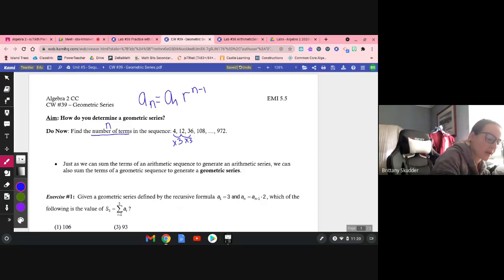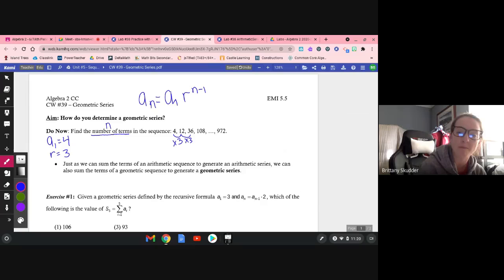Okay. All right, so we know that A_1 is equal to 4. We know that r is equal to 3. And we don't know how many terms, but we know that last term value. So we know A_n is equal to 972. Okay.